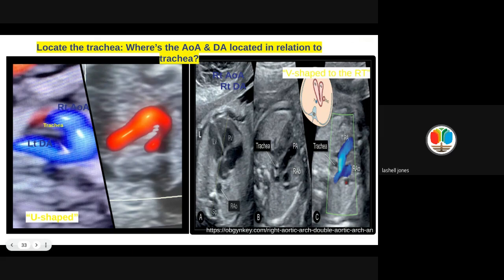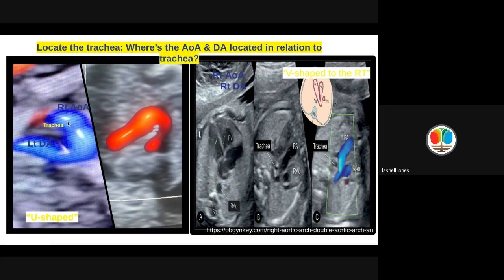Okay, so locate your trachea. This is how you're going to tell the difference between the two. Where's the aorta and the ductus compared to where the trachea is? Okay, now with your right aortic arch and your left ductus, you see it's on the left side, whereas your aorta is on the right of the trachea.